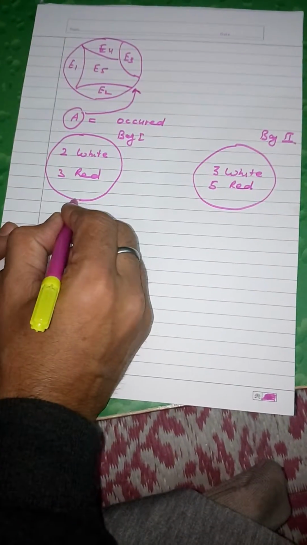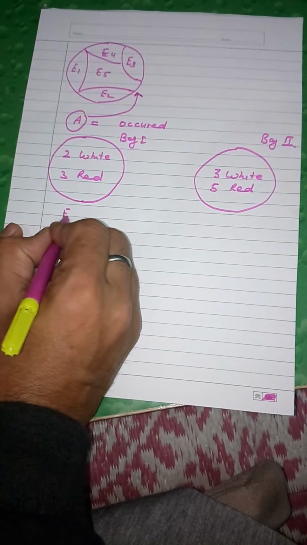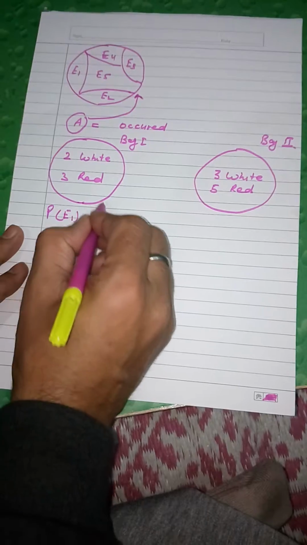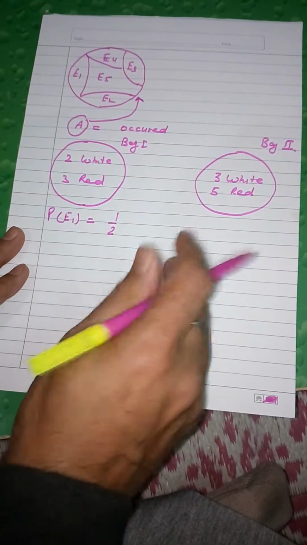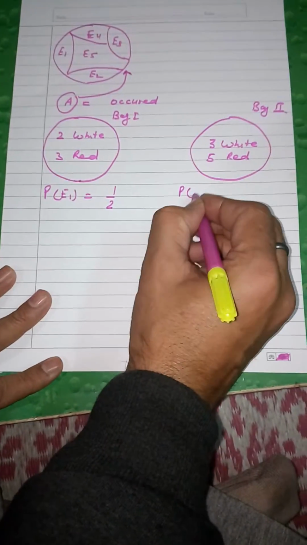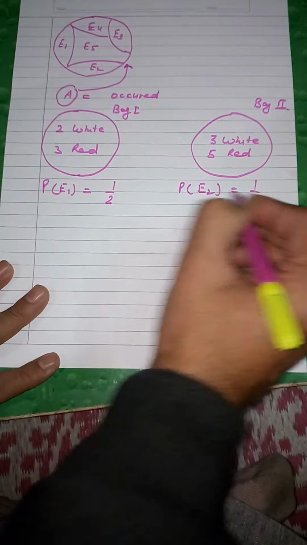Now you have an equal chance of selecting these two bags. So let us suppose that E1 is the event that you select the first bag; they have an equal chance, so the probability is 1 by 2. Similarly, the chance of selecting the second bag is also 1 by 2.